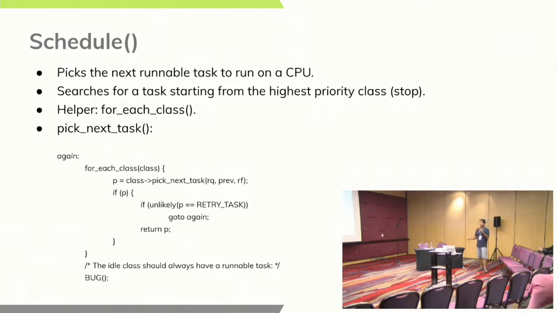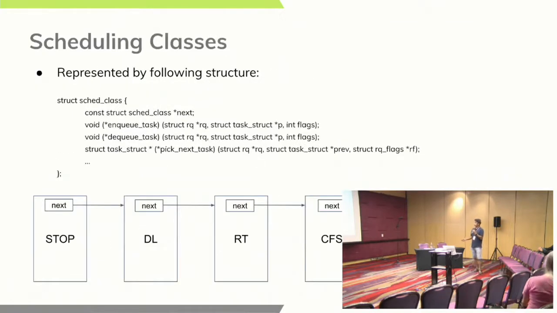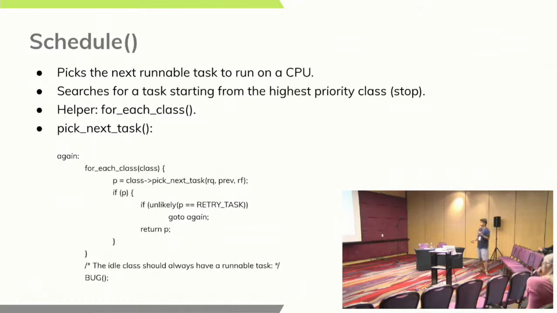Otherwise, either it will return a valid task or it will return null. If it returns null, then we go to the next scheduling class and try to pick a task from there. So if, for example, both deadline and CFS have some running task available, then when we run this loop, we will automatically pick a task from the deadline scheduling class first, and only then will we go to CFS and not before that.